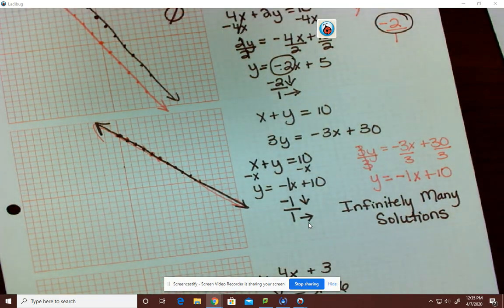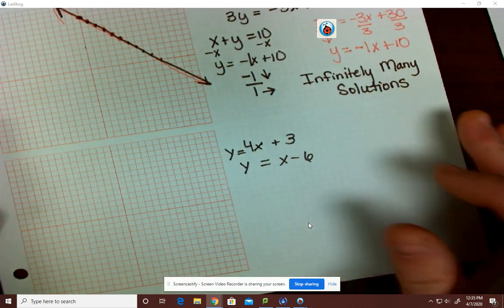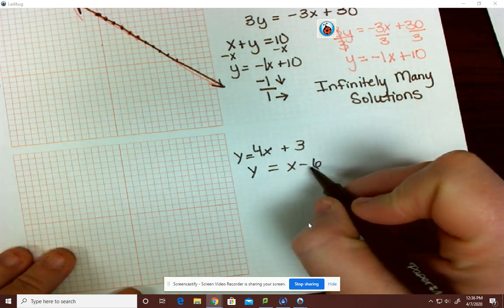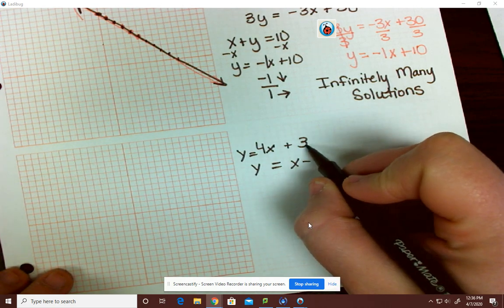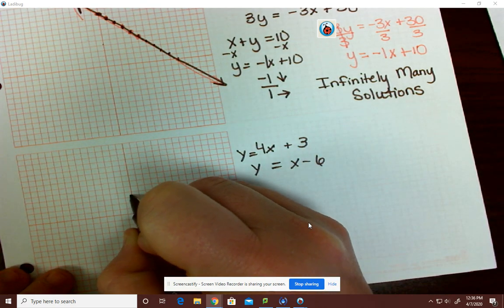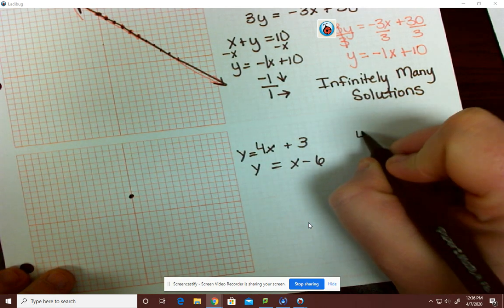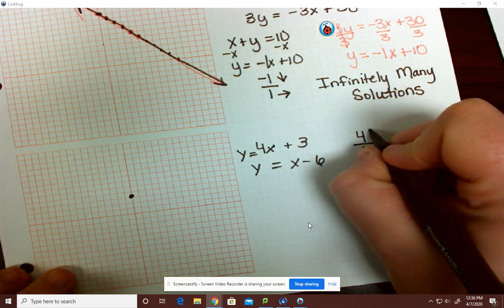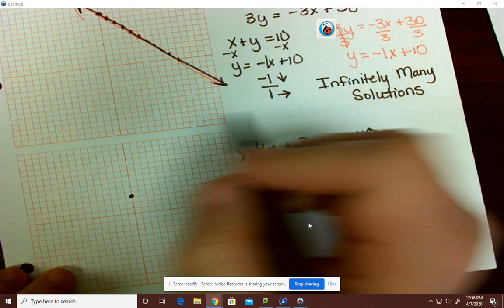All right, let's go over one more. So these are already in slope-intercept form for us. So this one, the y-intercept is 3. 1, 2, 3. The slope is 4 over 1. So I go up 4, because that's positive, and right 1.